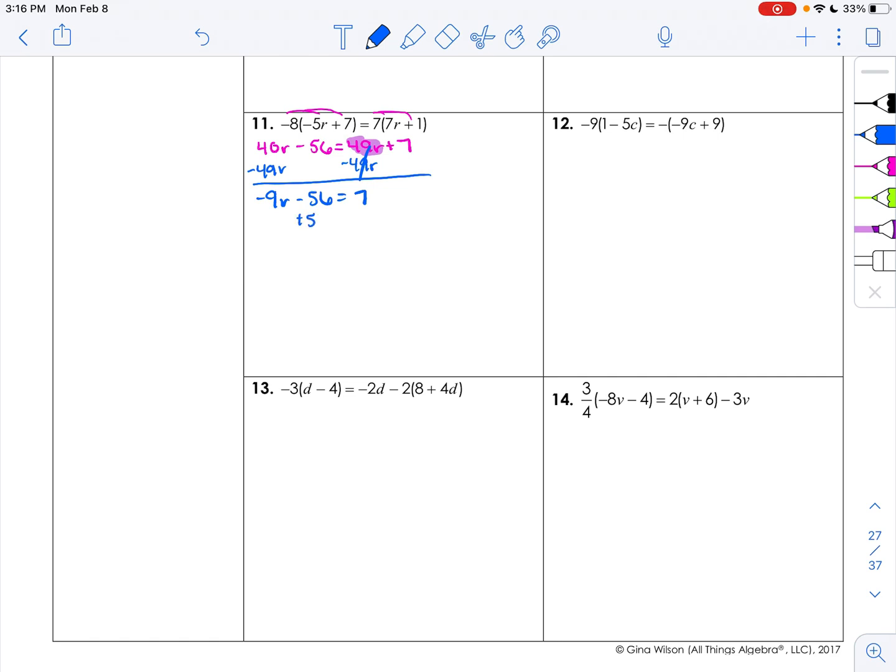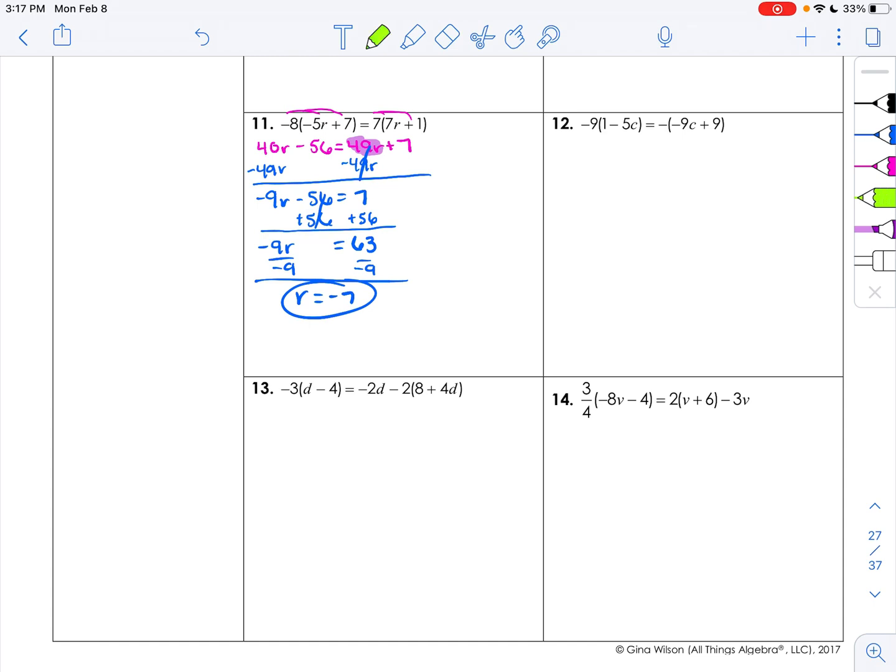I'm going to add 56 to both sides. It's just a two-step equation now. So it's negative 9r equals 7 plus 56 is 63. Divide both sides by negative 9, and r equals negative 7.